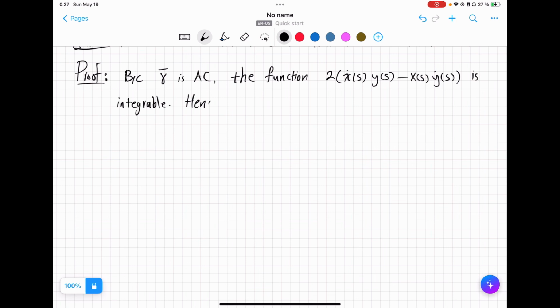Hence, this integral formula for t of tau, because it's integrating that function, is well defined.